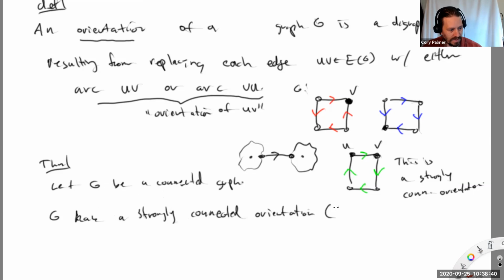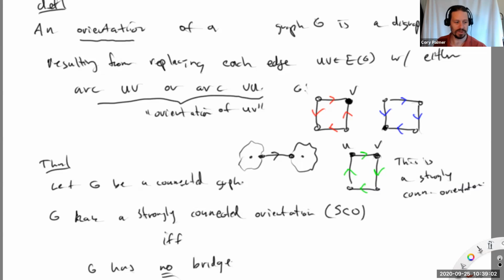I'm going to give this shorthand: an SRO, strongly connected orientation. We're going to use this term in the proof a bunch of times. I don't want to write it out 100 times. If and only if G has no bridge. So if there's no bridge, then there is a strongly connected orientation.